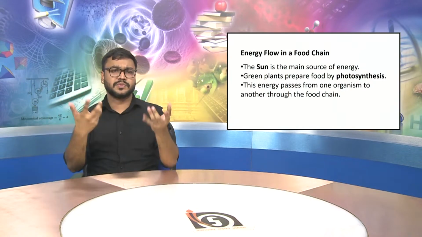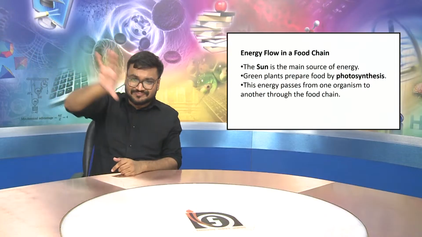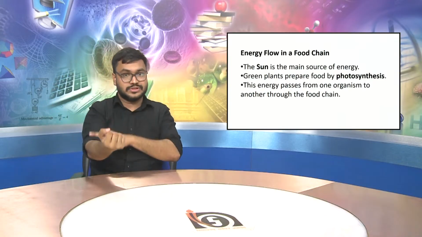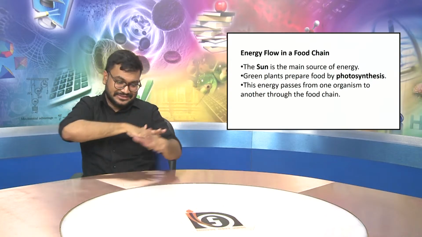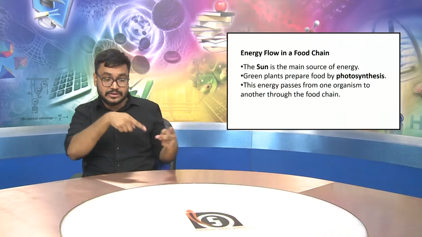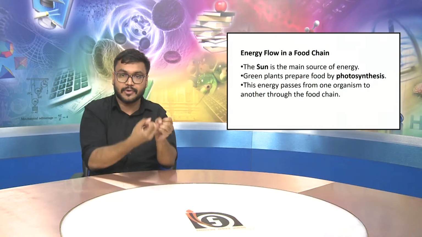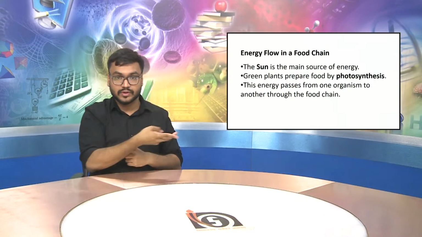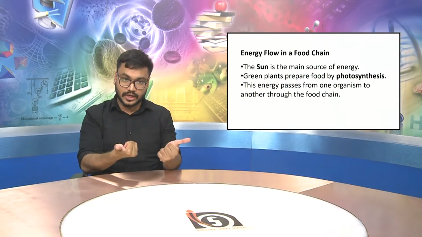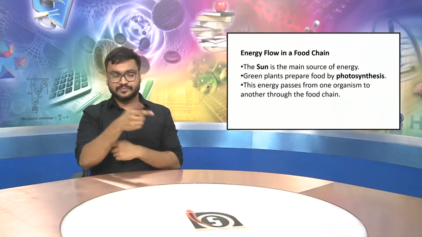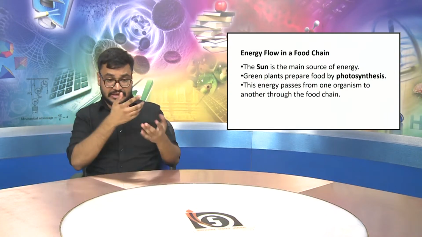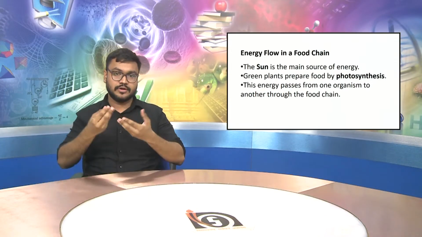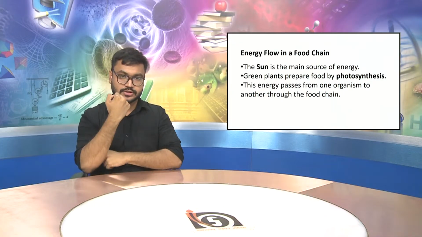Energy flow in a chain. The sun is the main source of energy. Green plants prepare food by photosynthesis, and this energy passes from one organism to another through the food chain.